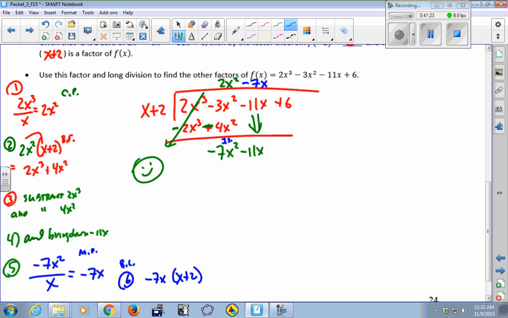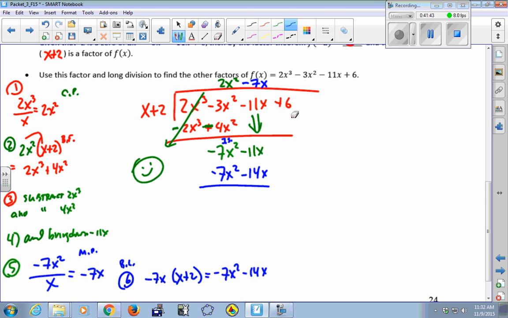Multiply by the divisor. Okay, and what would that give us, Bridget? Negative 7x squared minus 14x. Okay, and I'll put that right up here.